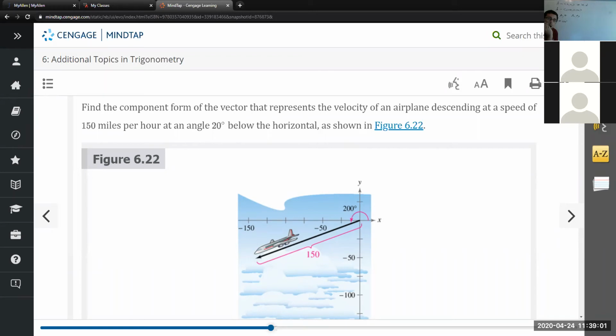Is that A that they gave us? Yes, they gave us the magnitude of the vector. A equals 150.